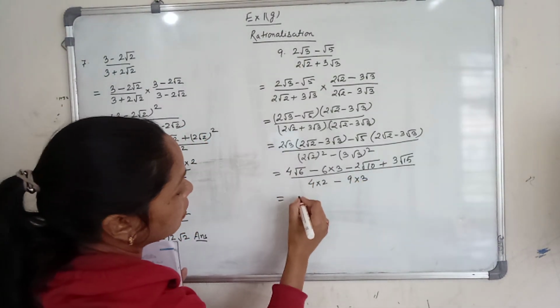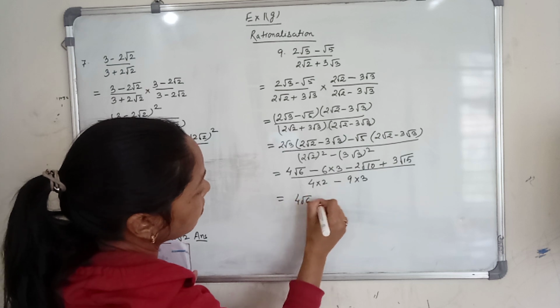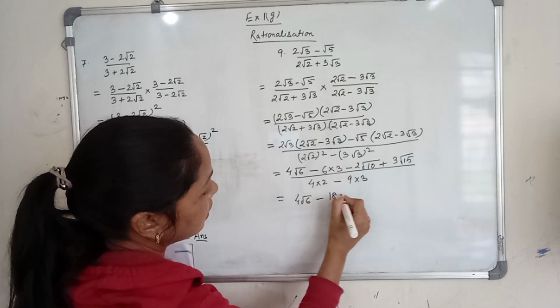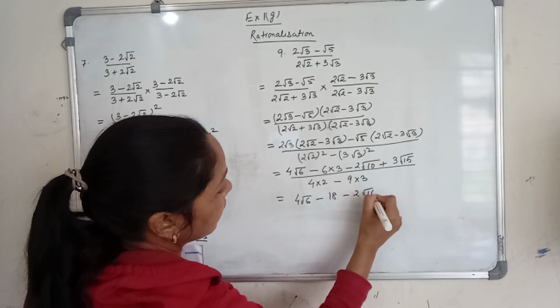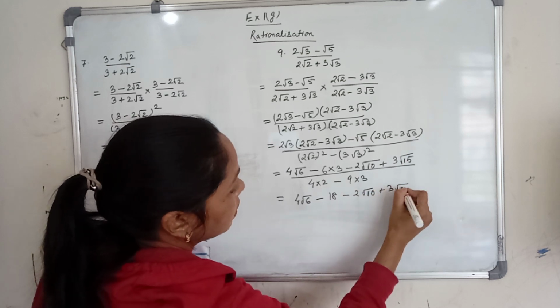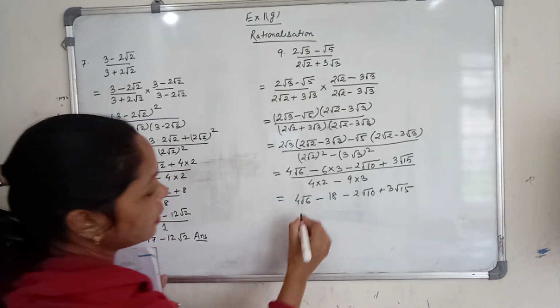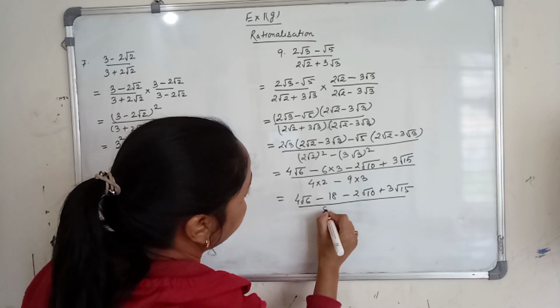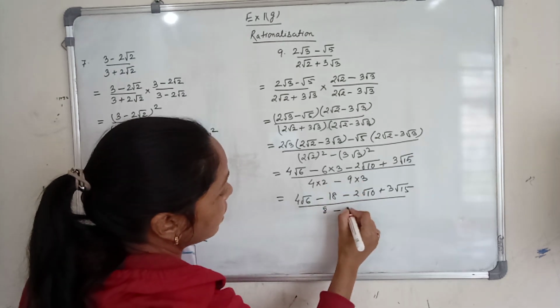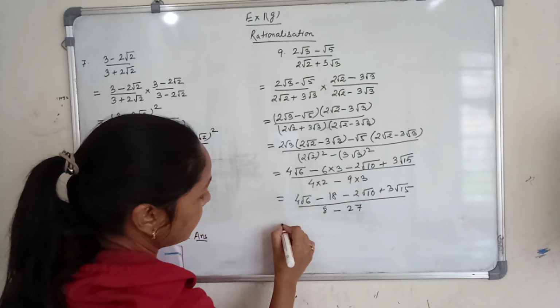Now this one is your 4 root 6 minus 6 3s are 18, minus 2 root 10 plus 3 root 15 by 8 minus 9 3s are 27.